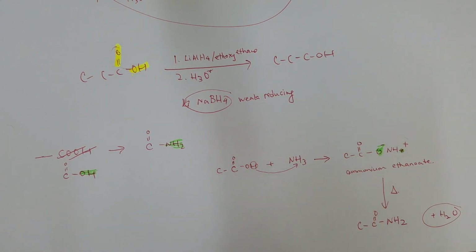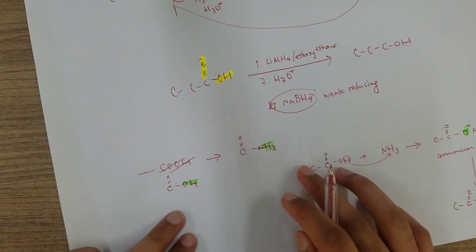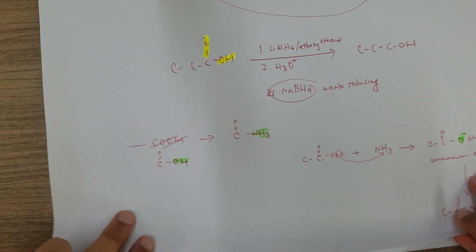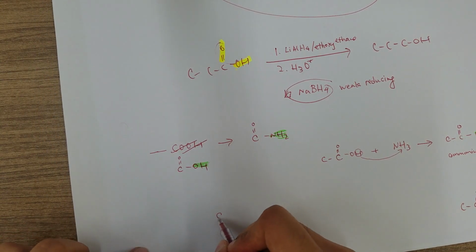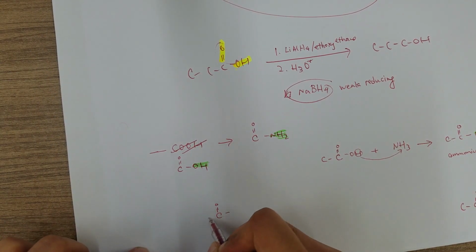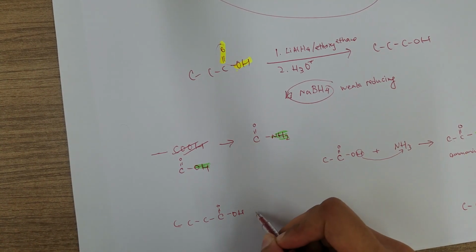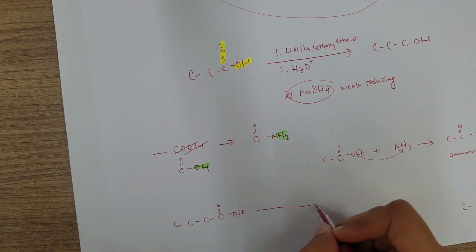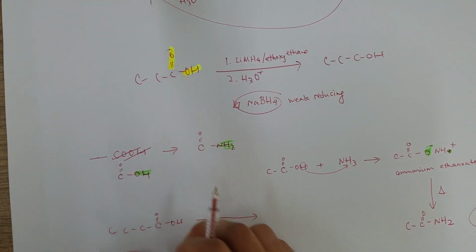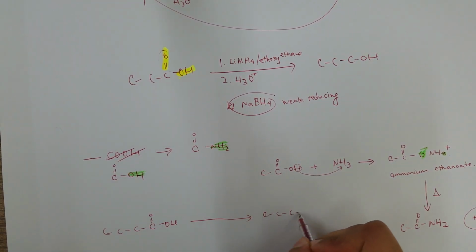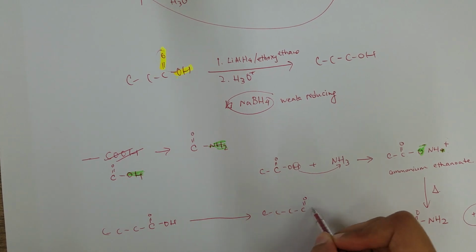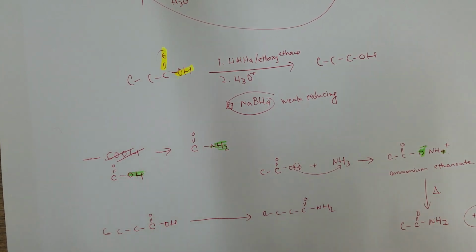So what you have to know is just this. So if a question gives you something like this, very long chain, carboxylic acid, and then I want to convert carboxylic acid into this, 1, 2, 3, 4, and then OH. Now this is very important because of synthesis.